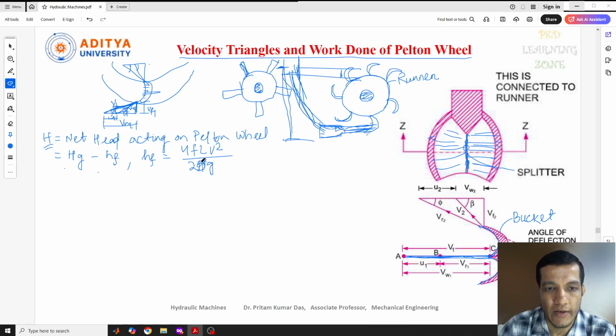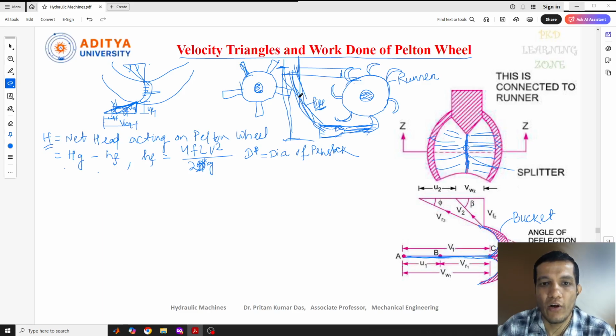Here L is the length of the pipe, V is the velocity of the jet, and D is the diameter of the penstock, because the water flows through the penstock. The penstock is nothing but a long pipe. So this is about the net head acting on the Pelton wheel or Pelton turbine.